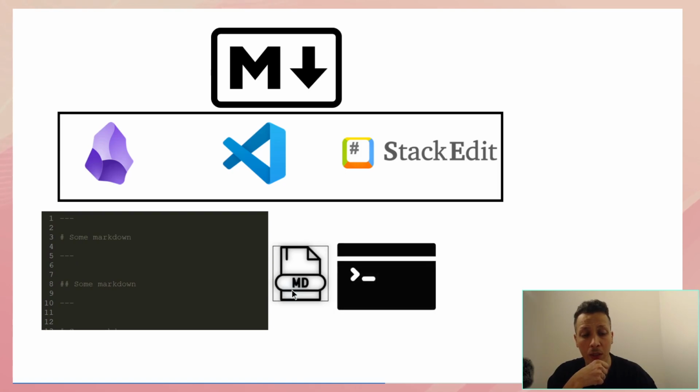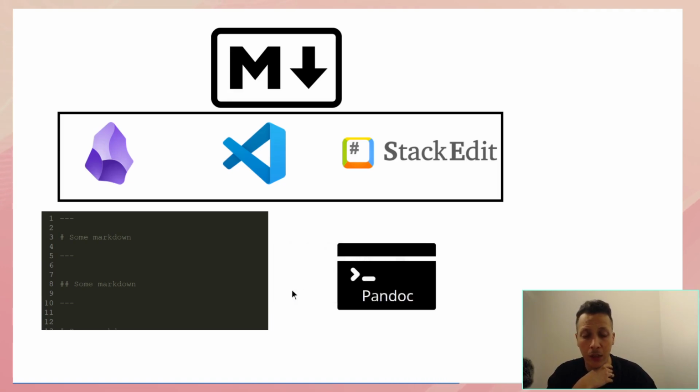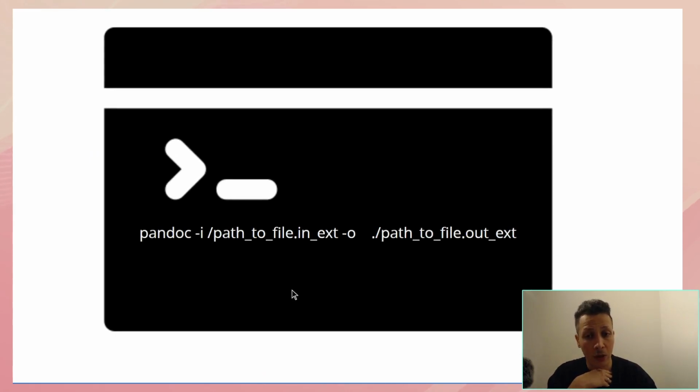Once we have the Markdown formatted this way, we can then use this Markdown and use Pandoc with the command line in order to create the PowerPoint. And to use Pandoc, it's pretty straightforward. A classical usage of Pandoc is as follows. You need to write pandoc -i followed by the path of the document that you want to convert, dot the extension.